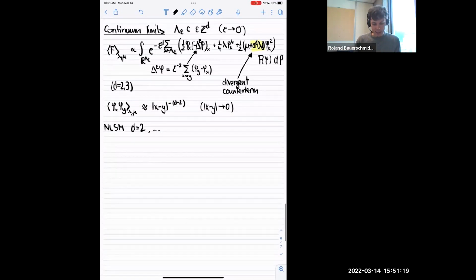It's sort of a different regime of these models, but they turn out to be very closely related to, in the phi-4 model, the critical or near critical case of the Ising or lattice phi-4 models. The nonlinear sigma model would be more closely related to low temperature properties of the Heisenberg model.